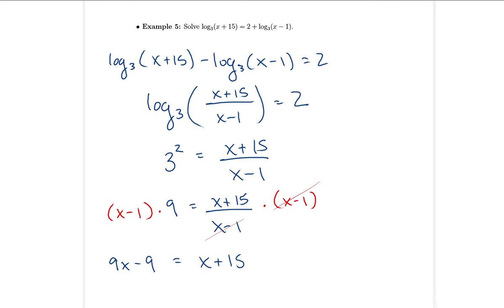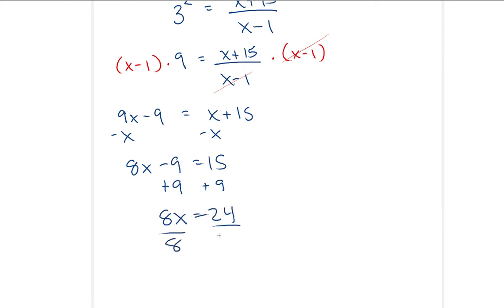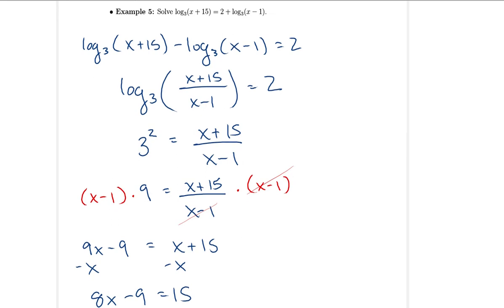And this one, we're just going to have a single solution, but we should still check it for sure. So subtract x from both sides. So 8x minus 9 and add 9. So 8x equals 24. So x equals 3. So is x equals 3 okay? Let's check on that.